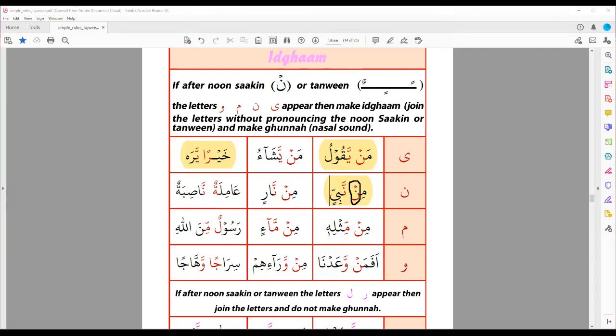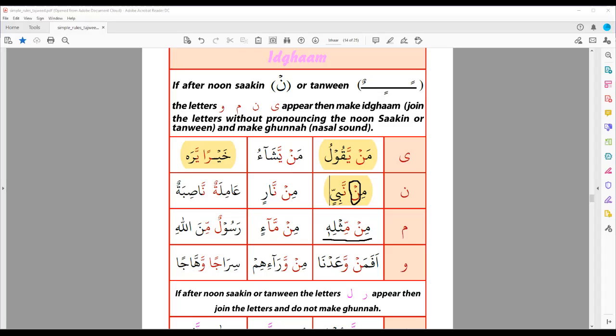Min narin. Now here's the example of tanween. Amilatun nasibah. Okay, so now let's go to the next one right here. Mim mithlihi. You see, I don't pronounce the sound of nun sakin right here. Why? Because that is the rule of idgham.